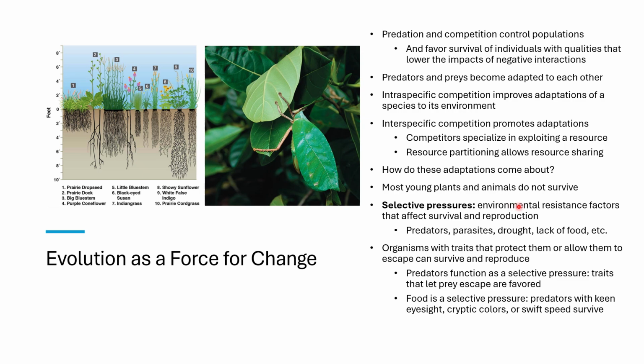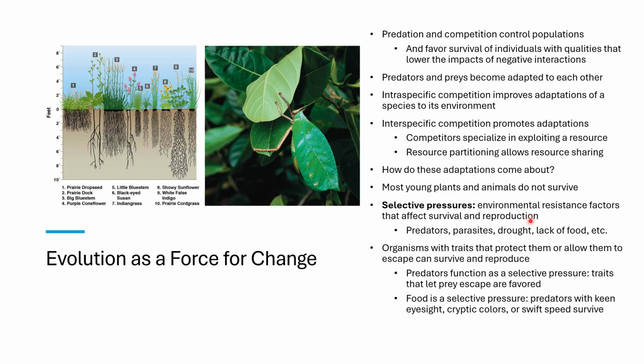How do those adaptations come about? This is typically through change in the molecule of DNA. In a population where most young do not have the traits that help them survive, those young are not going to survive.